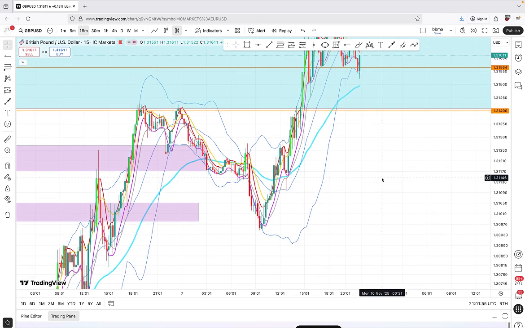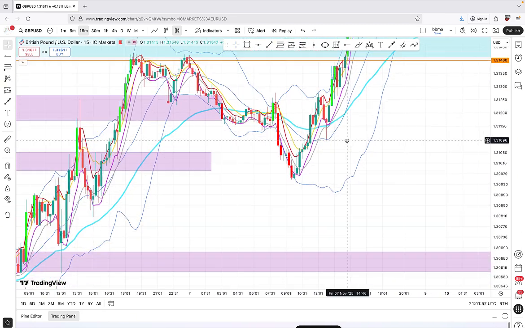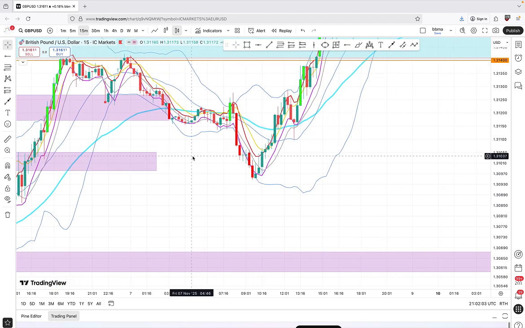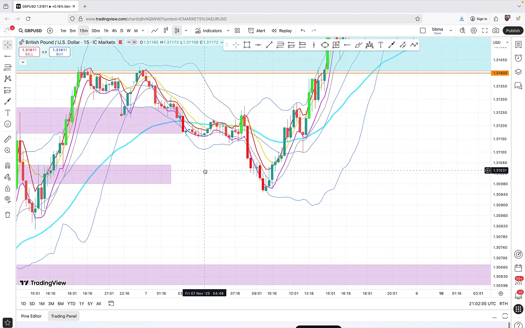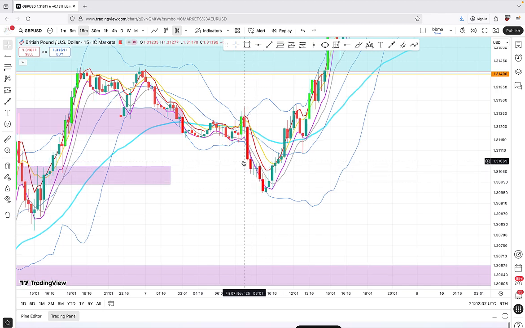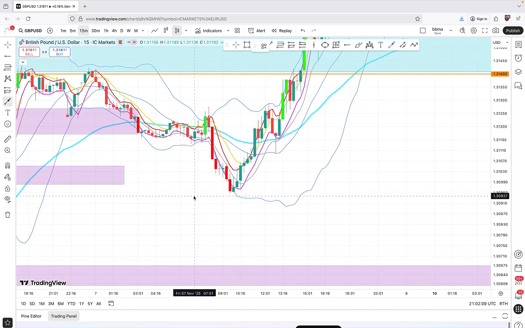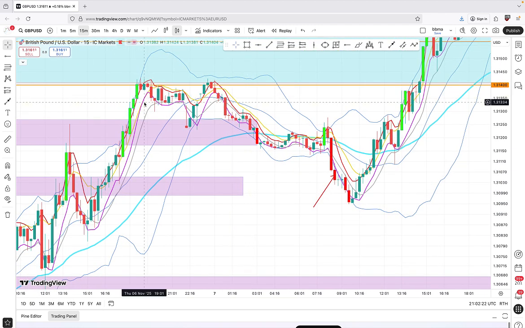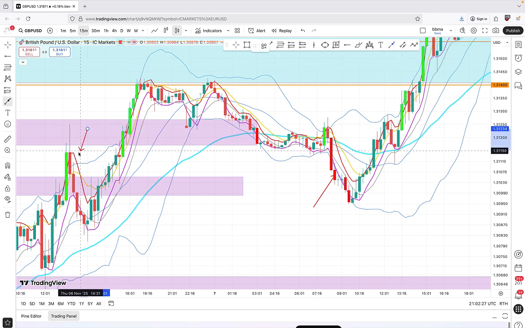I am on GBP USD. So here is the extreme. Let's check this. This is extreme when MA5 low goes outside the low BB, or MA510 high goes outside the top BB.